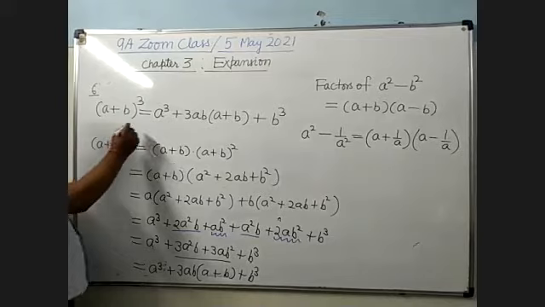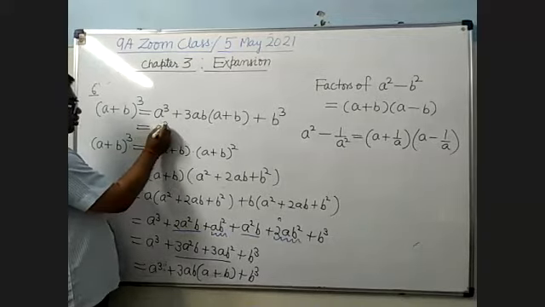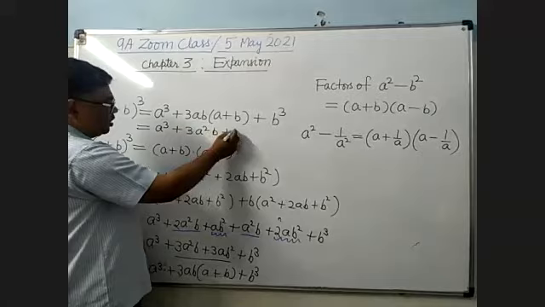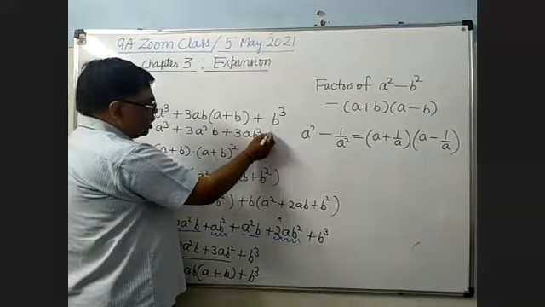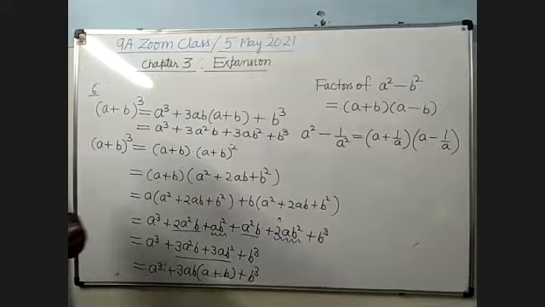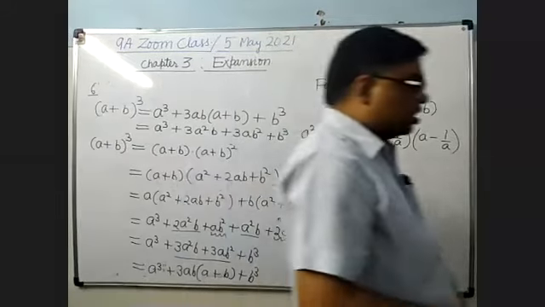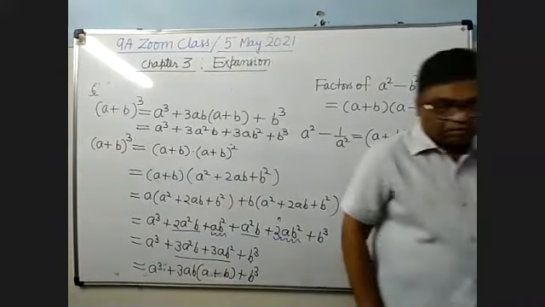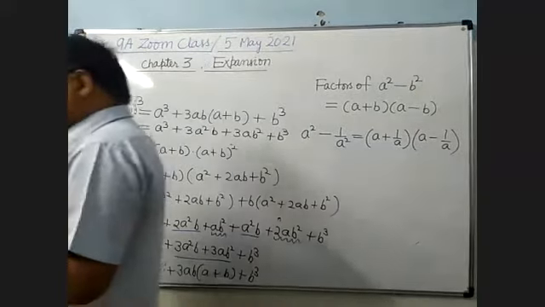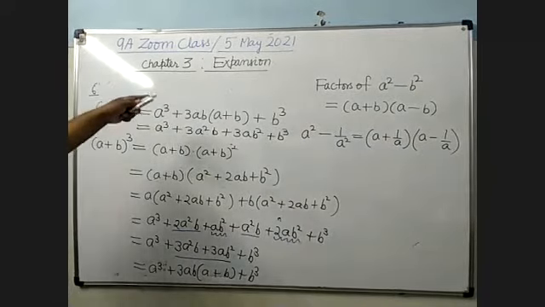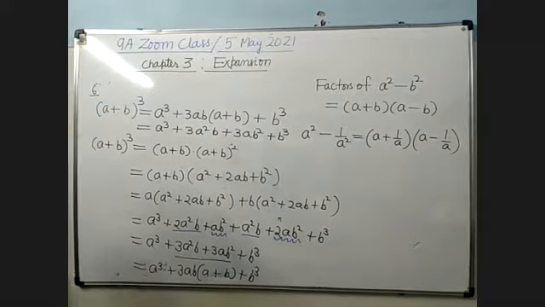In expanded form, you can write it as this also: a cube plus 3a square b plus 3ab square plus b cube. It is clear? So this is a plus b whole cube: a cube plus 3ab within bracket a plus b plus b cube.